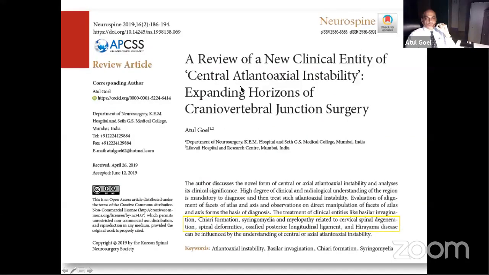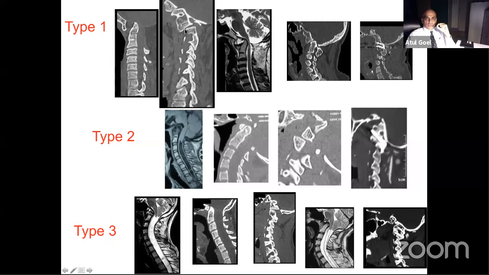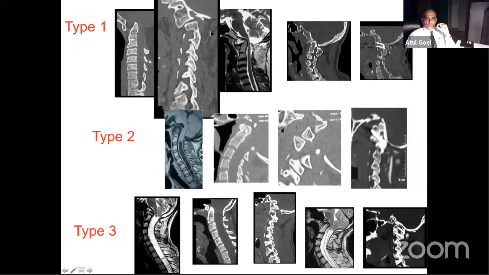Now I want to discuss with you a new entity called central or axial atlantoaxial instability. You see these beautiful images. You see the facet of atlas is in front of the facet of axis. This dislocation will result in atlantodental interval disturbance and it needs atlantoaxial stabilization.